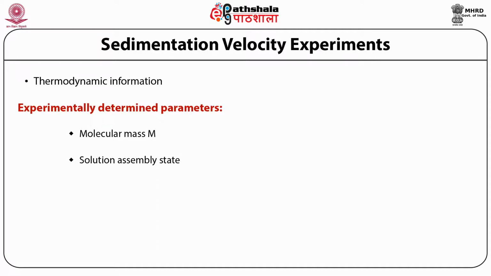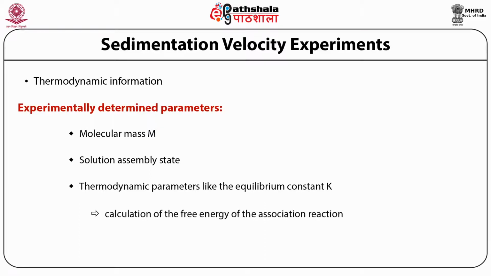It is used for the measurement of thermodynamic properties such as the equilibrium constant, the calculation of free energy of the dissociation reaction, and association also. So this technique is based mainly on the thermodynamic properties of the molecule, as the sedimentation velocity experiment is for the hydrodynamic properties of the molecule.